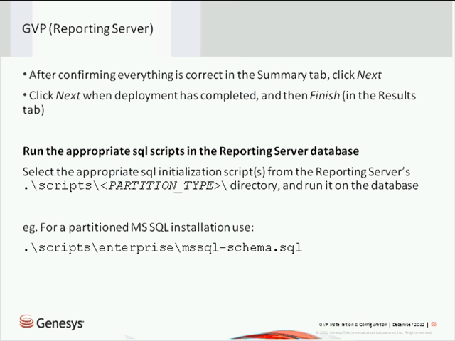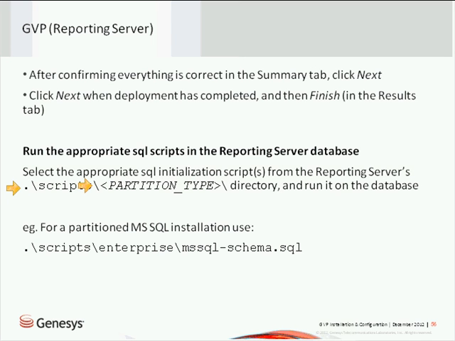Once you are finished deploying, you will have to configure your actual database. So where the software is deployed in the scripts directory, there will be a partition type directory, so either standard or enterprise. So depending on what you actually selected earlier on, you will select the correct directory.